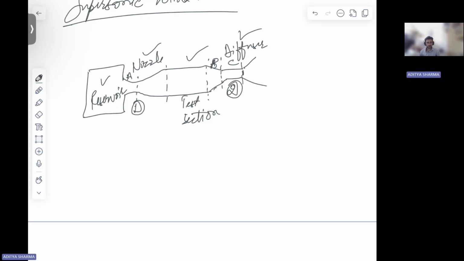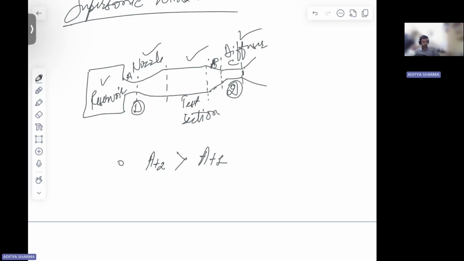Now, related to your throats, the area of throat 2 is greater than the area of throat 1. First is this.